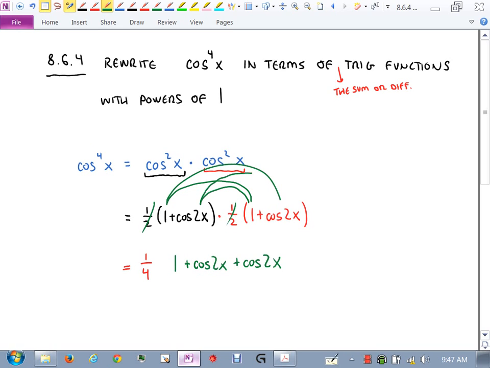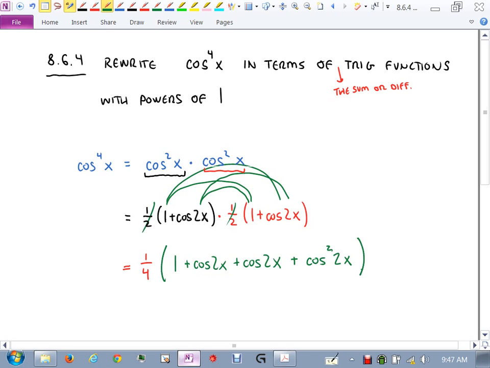What's cosine 2x times cosine 2x? It's cosine 2x squared, which means I need to write it like that. You see that? It's cosine 2x squared. Now, all of this needs to be in parentheses because I had a 1/4 out here in front, right? That 1/4 applies to everything. Do y'all follow that?